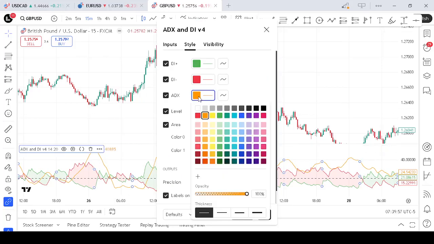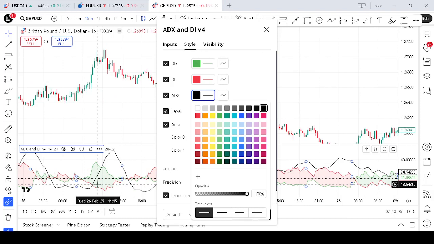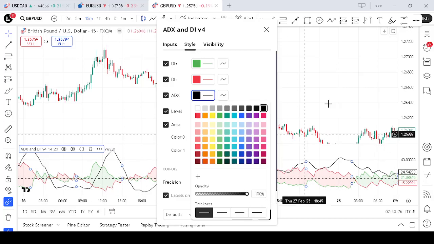The ADX line is usually a black line, while the second line is the plus DI line, which is usually a green line on the chart. As you can see, the plus DI line is the green line on the chart. The third line we have there is the minus DI line, which is a red line on the chart.